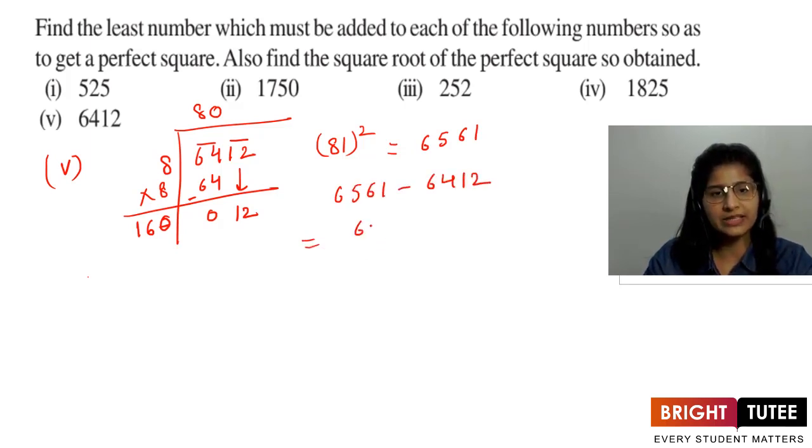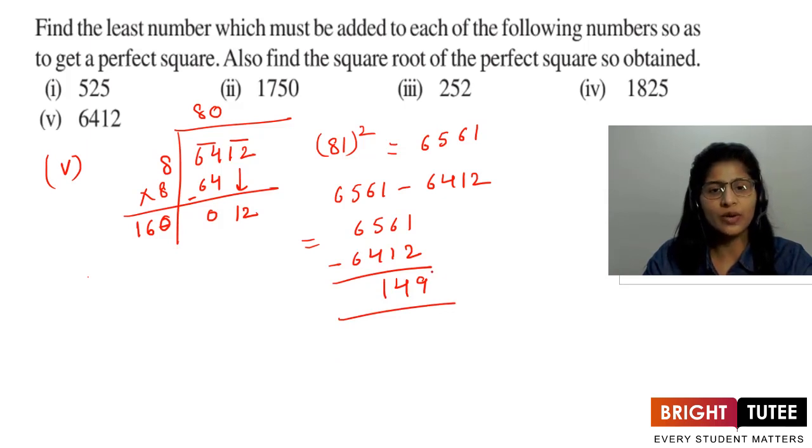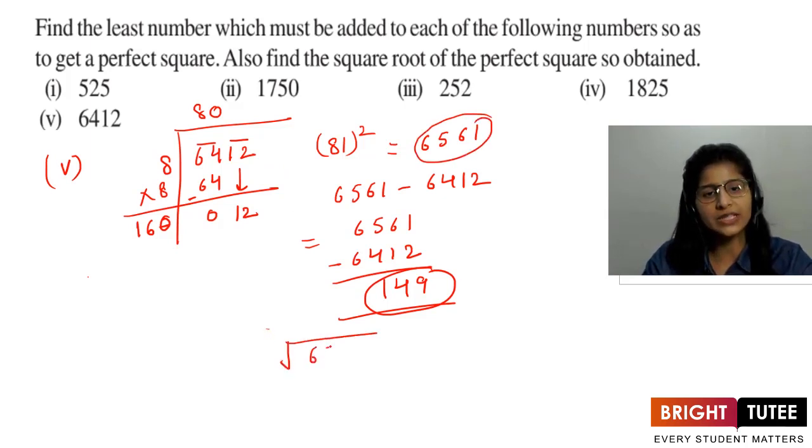Here 11 minus 2 will be 9. 5 minus 1 is 4. Then 5 minus 4 is 1. 149 we get. So 149 is the least number that should be added to 6412 so that it becomes 6561, and it is a perfect square. And the square root of 6561 is 81. I hope this question is clear now.